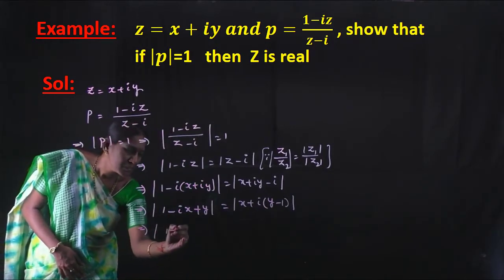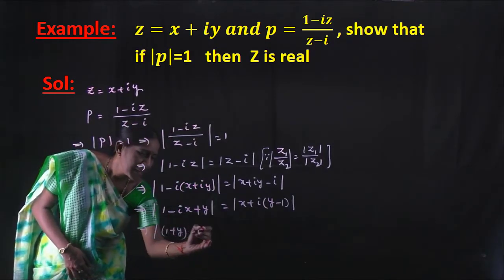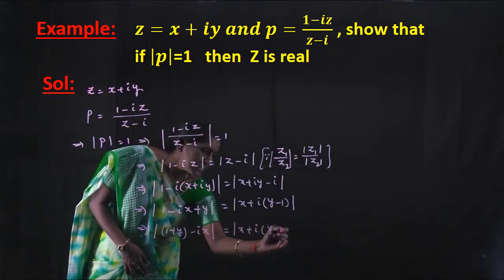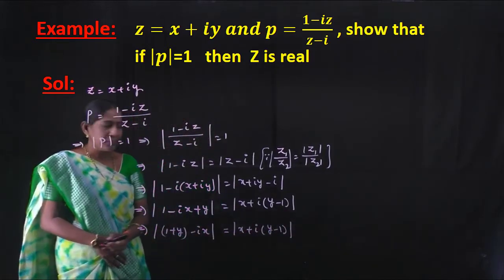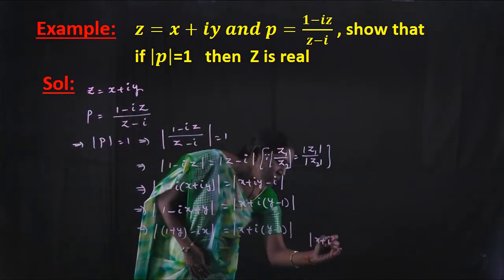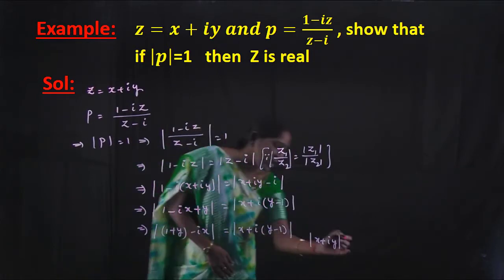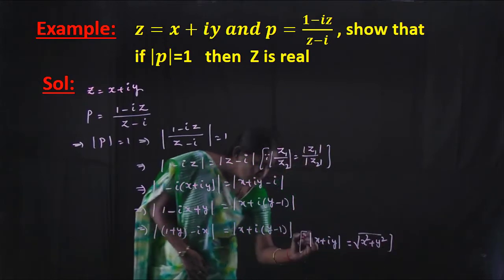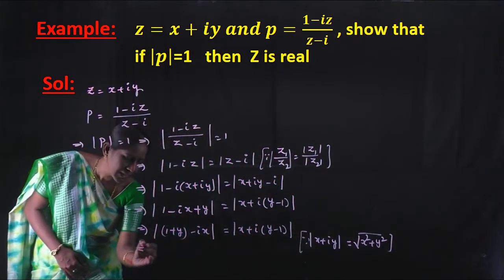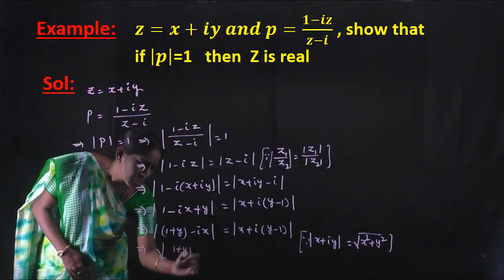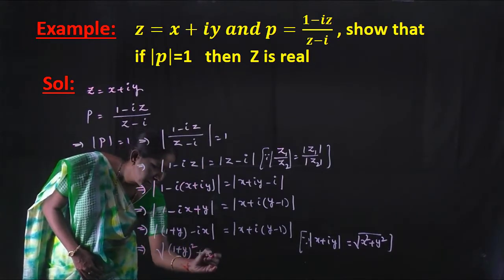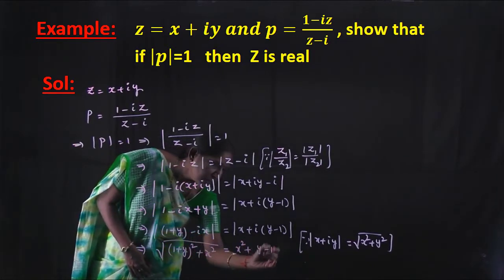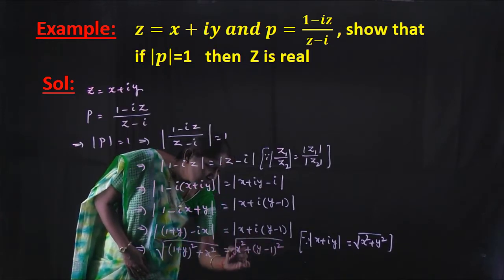So this implies modulus of (1 plus y minus ix) is equal to modulus of x plus i into (y minus 1). Now by the definition of modulus of x plus iy, that is square root of x square plus y square. So from this we can write square root of (1 plus y) whole square plus x square, that is equal to square root of x square plus (y minus 1) whole square.